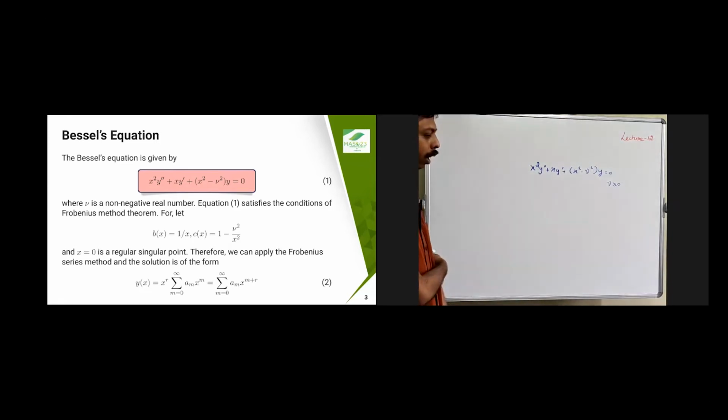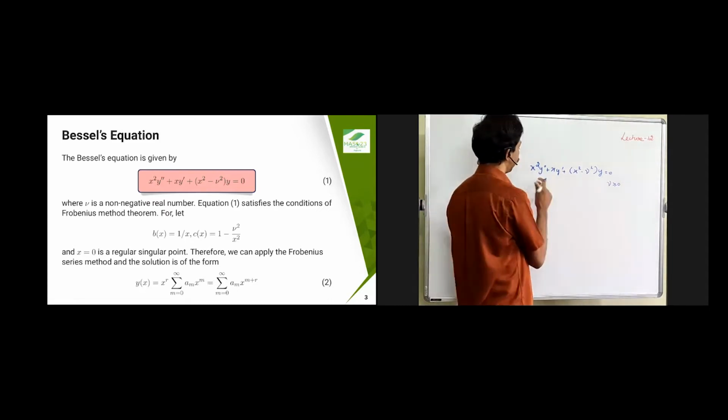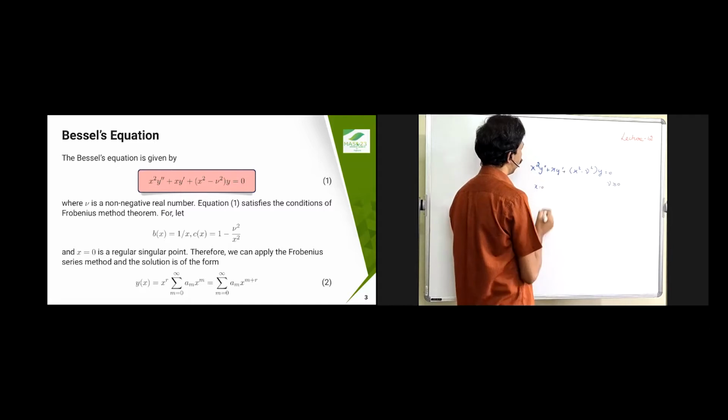We have already seen the Frobenius method. You can clearly say that x equal to 0 is not an ordinary point.